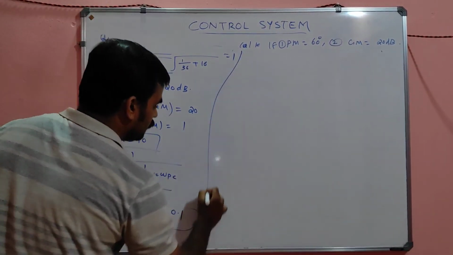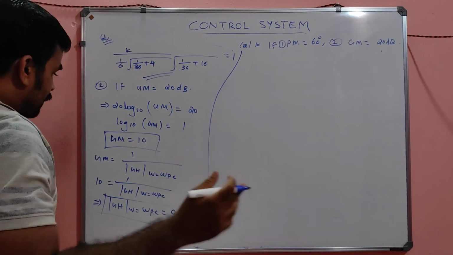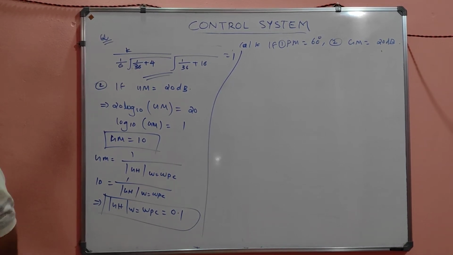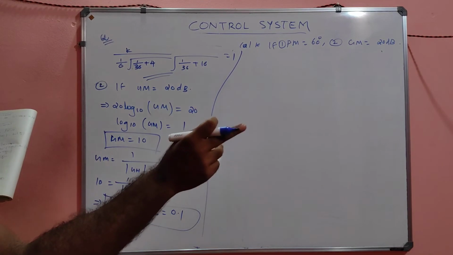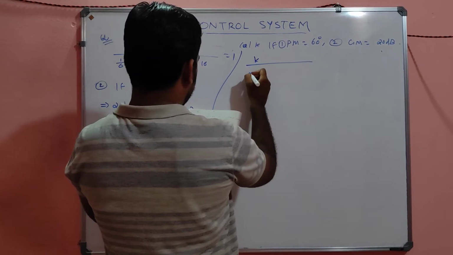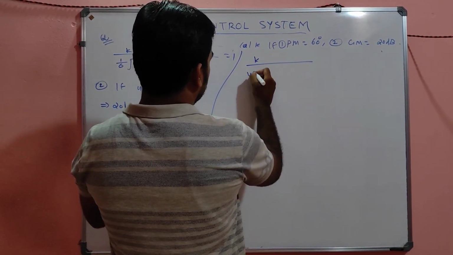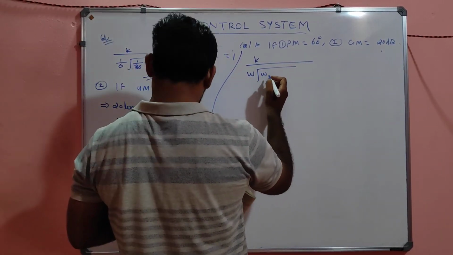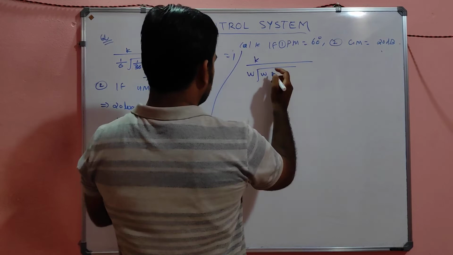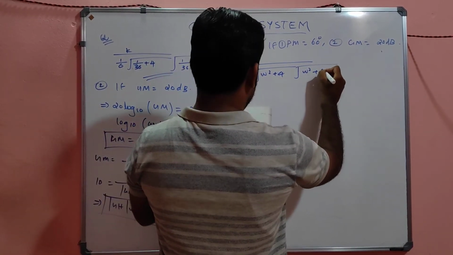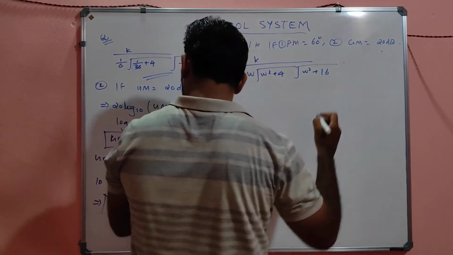Okay, my dear. So what was mod GH? I rubbed it, so I am using my notes. Yes, mod GH was K divided by omega root of omega square plus 4 of 16.